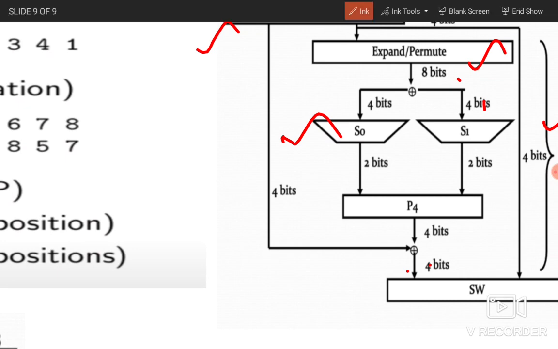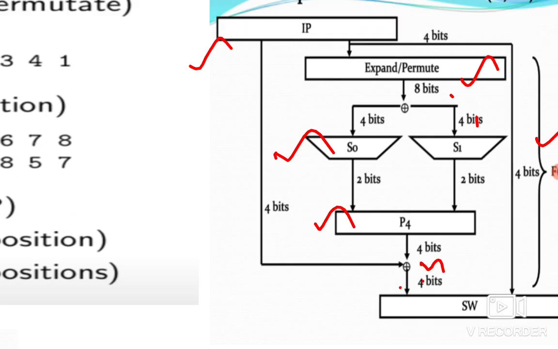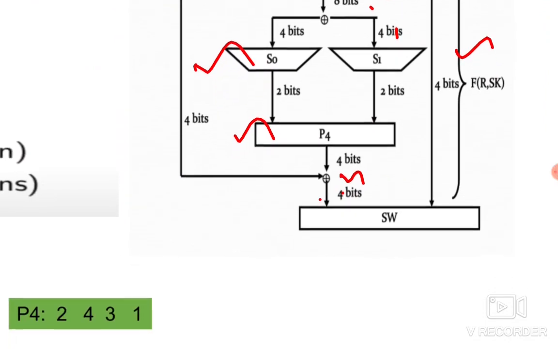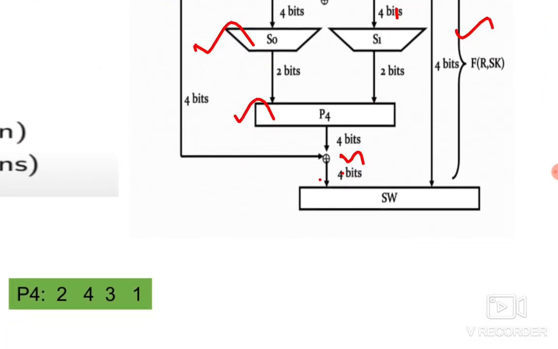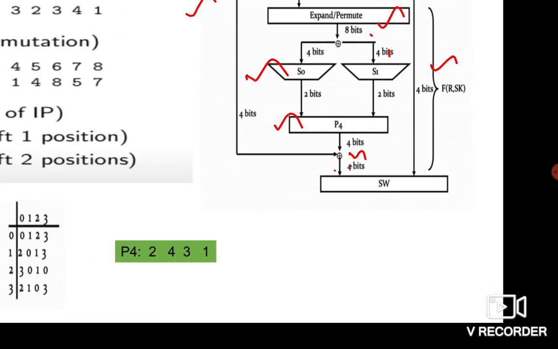After the shifting we go with the permutation, and after the permutation it is XORed with the initial permutation output, and after that the swapping is done.